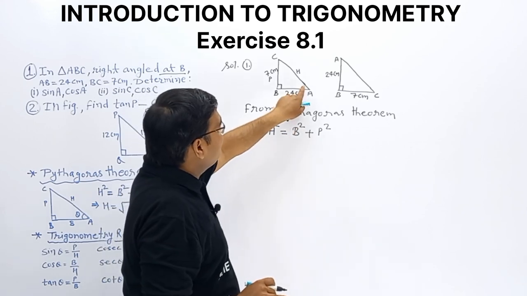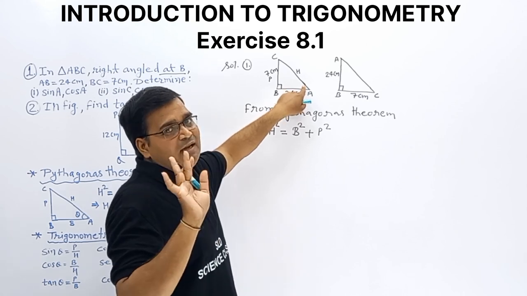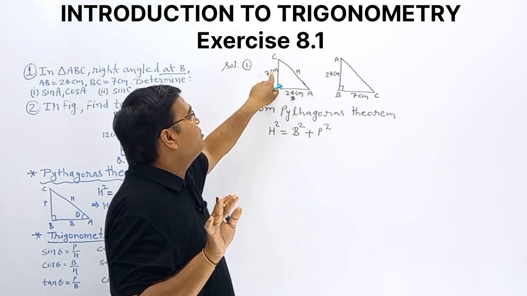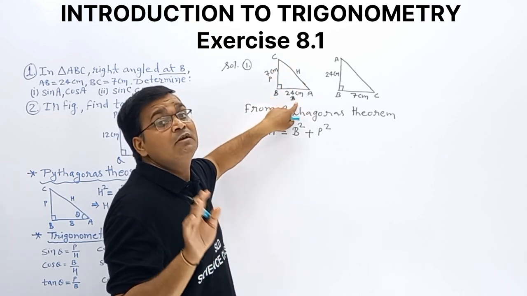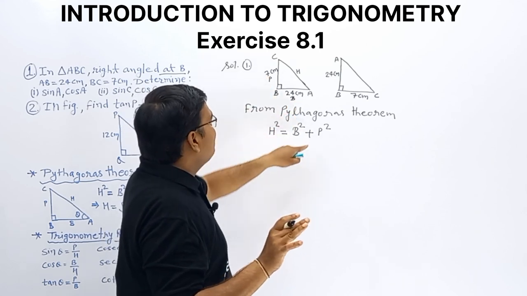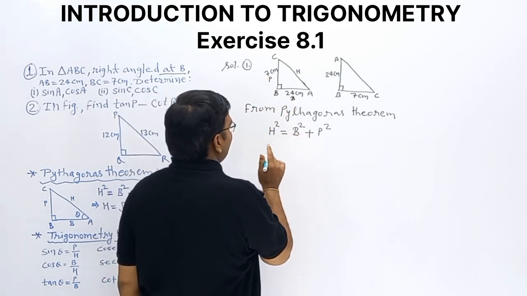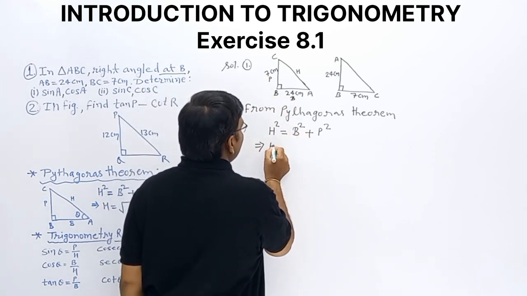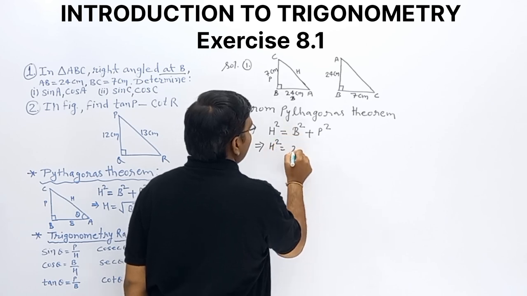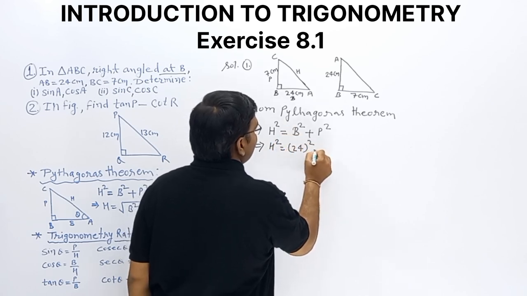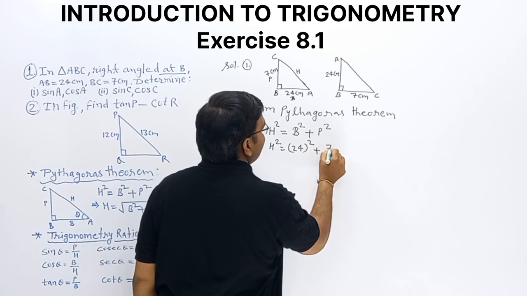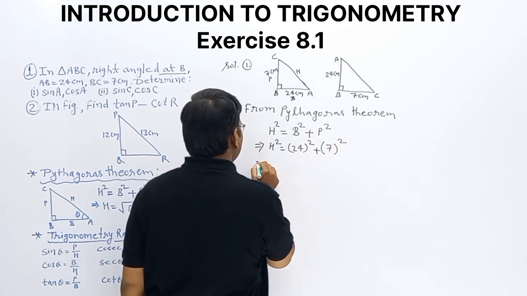Now I am considering this as the acute angle of reference, then its opposite will be perpendicular and the other is base. Put both values in the given theorem. H square will be base 24 square plus perpendicular 7 square.